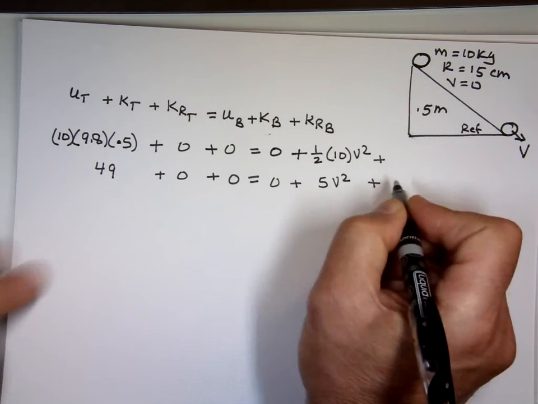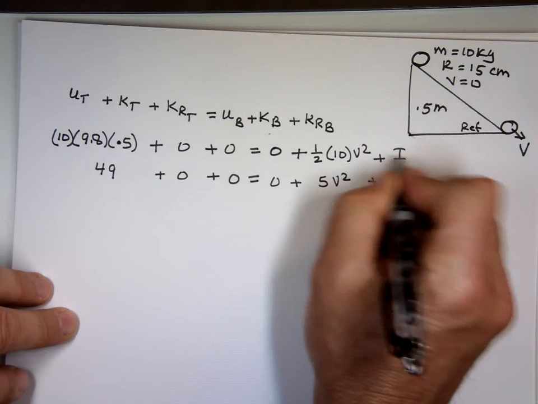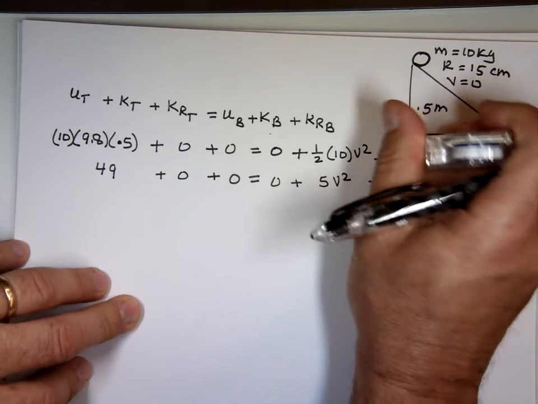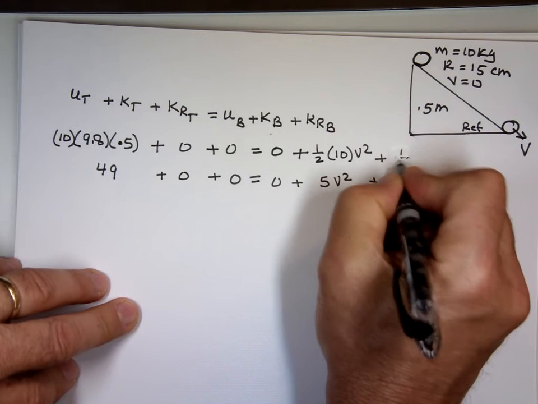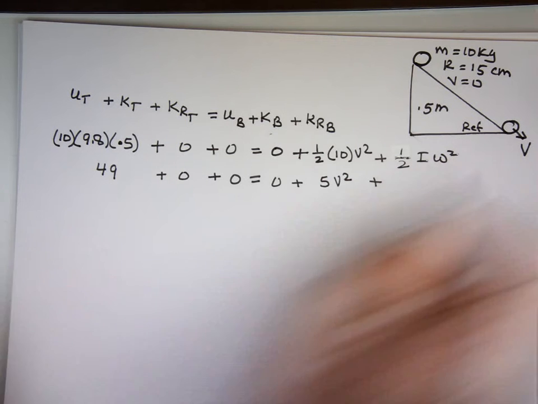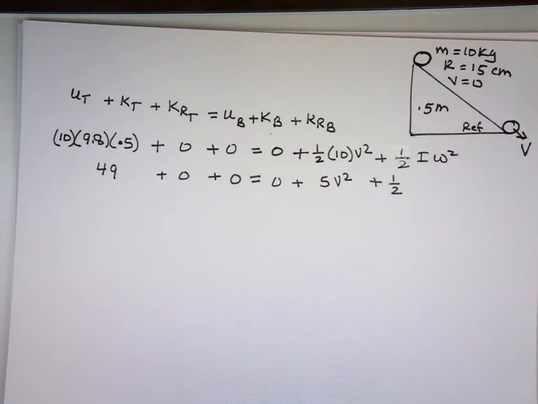The rotational kinetic energy of the bottom is 1/2 I w squared. Let's look at I. I for a hoop is mr squared.